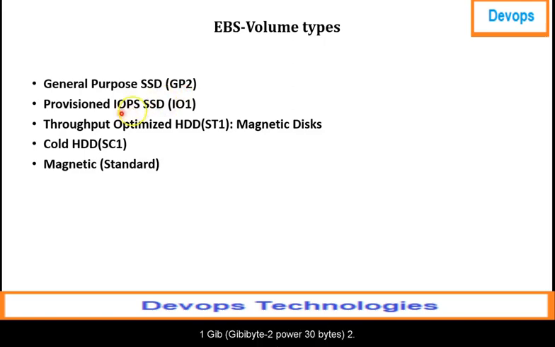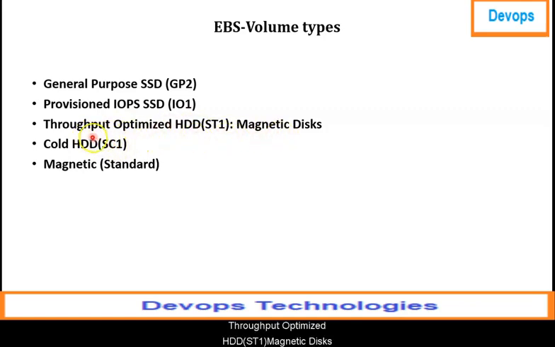Second type is provisioned IOPS SSD, IO1. This volume will be used for IO intensive applications like larger relational or NoSQL databases. It will be used if the requirement is more than 10,000 IOPS and can provision up to 20,000 IOPS per volume. Third type is throughput optimized HDD, ST1, magnetic disk.